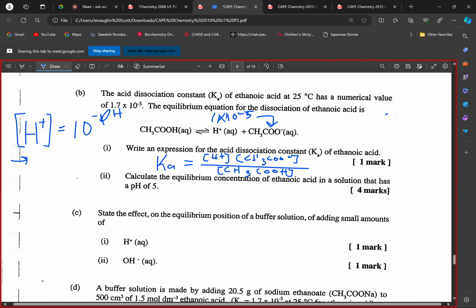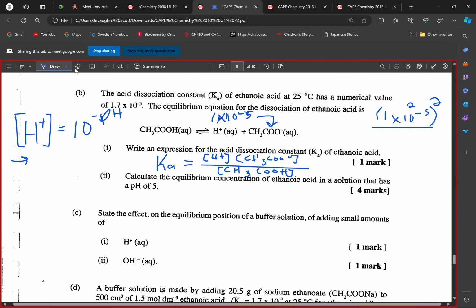Therefore, it is x squared over what? We do know the concentration of the acid ions, right? So we're going to have x squared, or well, it wouldn't be x squared in this case. My bad. X would be on the bottom, alright? So we're going to have 1 times 10 to the negative 5th power all squared.